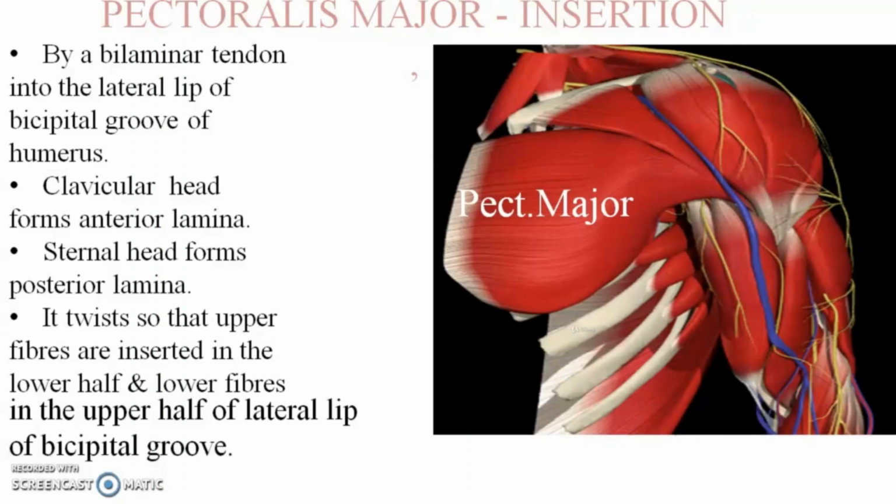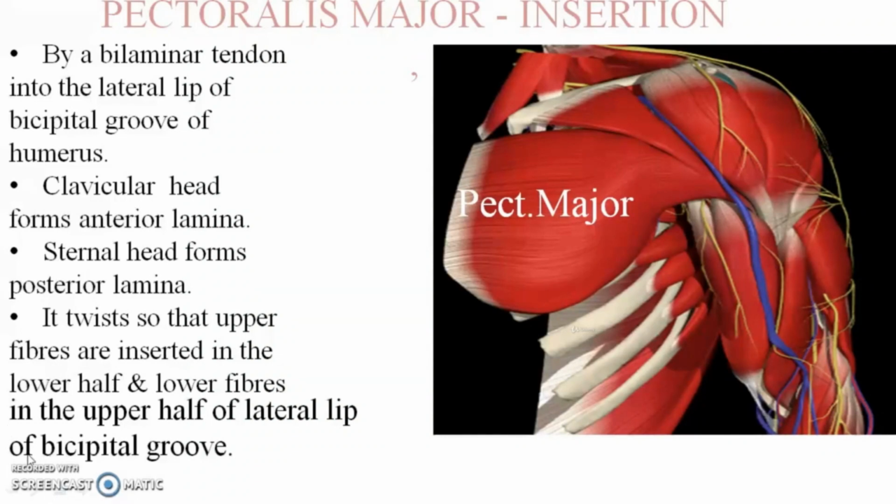If you are seeing the axillary region, you can make out a fold anteriorly. That fold we will call the anterior axillary fold. That fold is formed by this twisting form of insertion caused by the pectoralis major muscle. I think you can remember this clearly, the origin and insertion of pectoralis major.